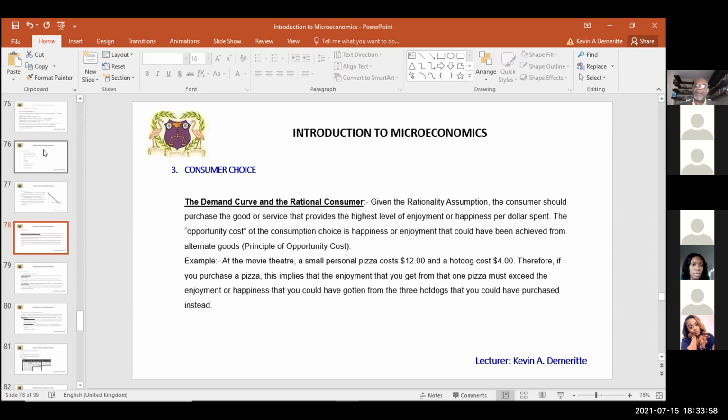So once we understand that our customers are rational, then we know that our customers are going to purchase goods and services that give them the highest level of enjoyment or satisfaction for the money that they're going to spend.